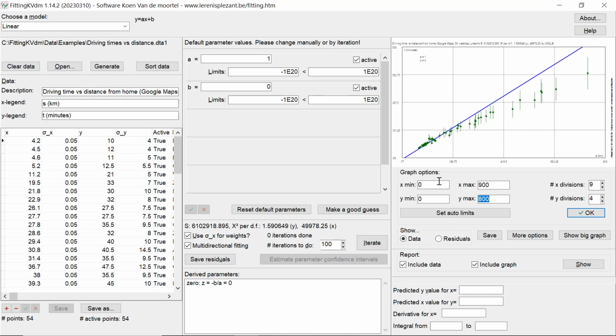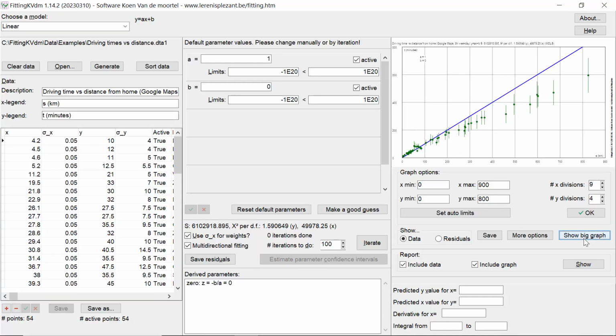So, okay. We can see this bigger. Now, we have to adjust the parameters from this model. Y is ax plus b.